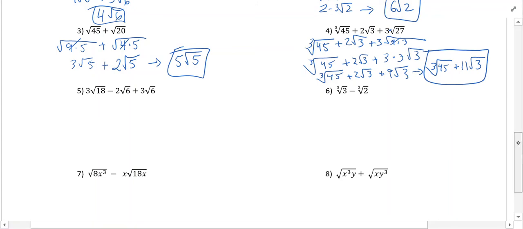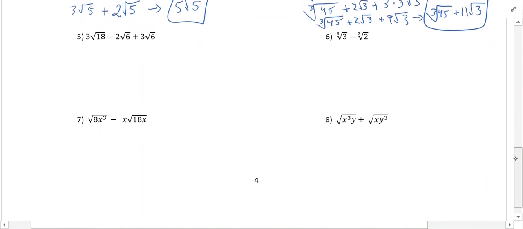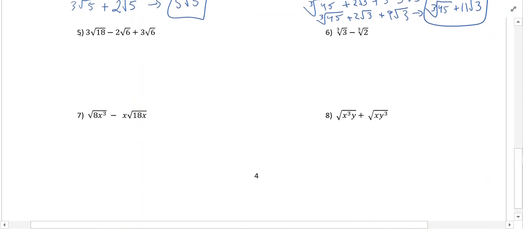All right, so let's take a look at number 5. Again, I want to simplify if possible. So I'm going to get 3 parentheses, 9 times 2 would give me 18. So then when I simplify this, I get 3 times 3 rad 2, which is going to give me 9 rad 2.